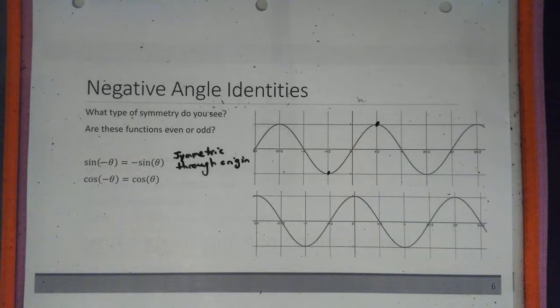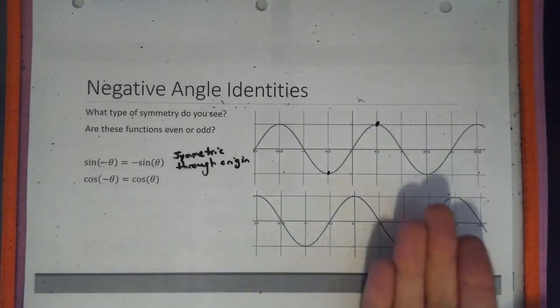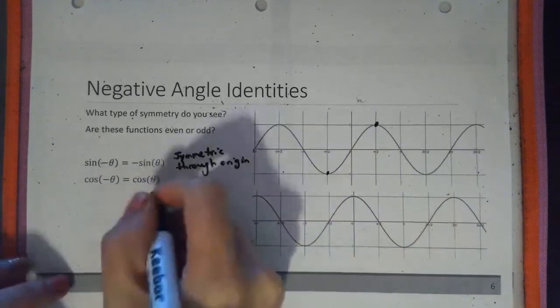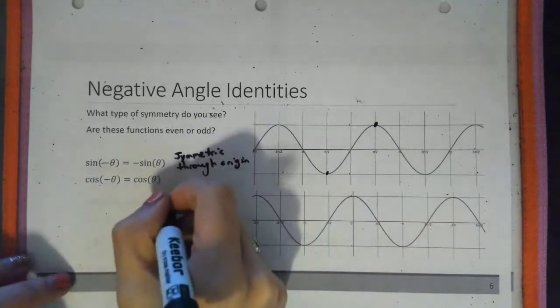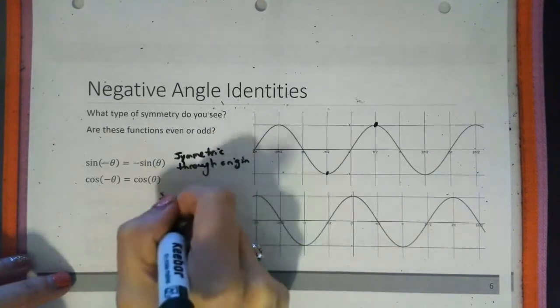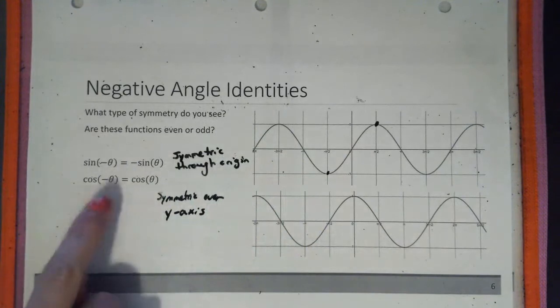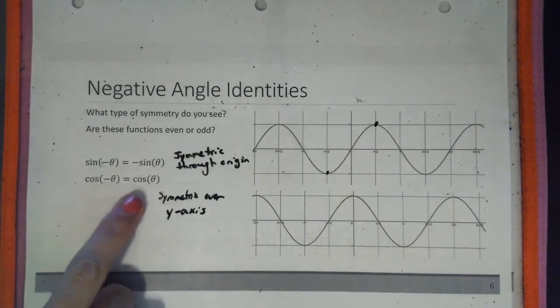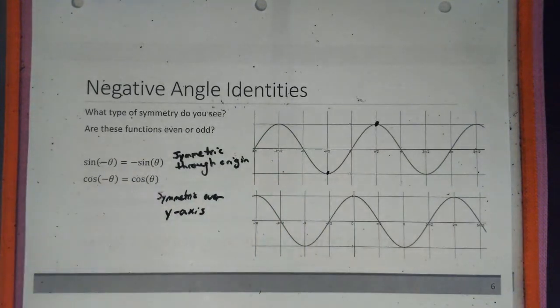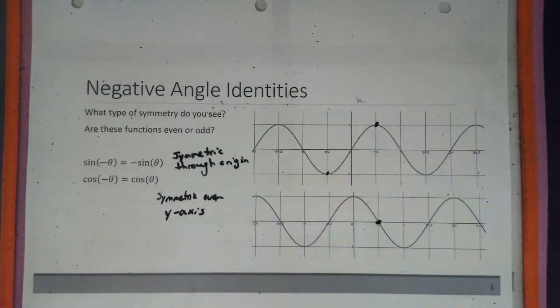The cosine graph, on the other hand, this one is symmetric over the y-axis. If you were to flip it horizontally, it would land on itself. So this is symmetric over the y-axis. And what that means is the cosine of the negative angle is equal to the cosine of the positive angle. So if we pick an angle like pi over 2, the cosine of negative pi over 2 will be the same.